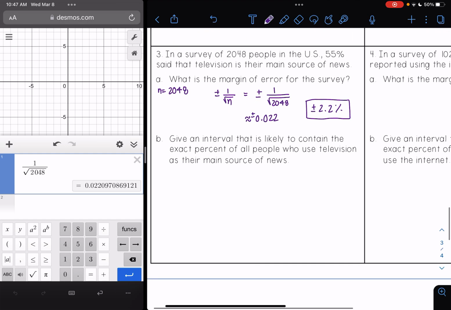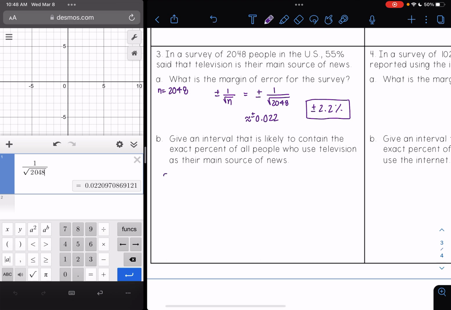The next part says to give an interval that is likely to contain the exact percent of all people who use television as their main source of news. Since we sampled 2,048 people, what is likely the actual percentage of all people in the U.S.? This plus or minus 2.2% means I'm going to add 2.2 to 55 and subtract it.